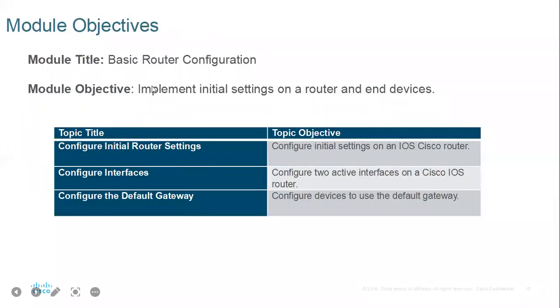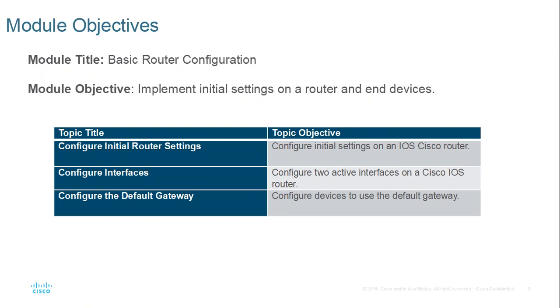So the objectives for this module are basic router configurations. How do you implement initial settings on the router and end device? The normal thing is when you get a new router, or a router that's already been used elsewhere, you need to start using it. One of the first things you want to do is give the router a name, give it an IP address, and configure some very basic initial settings.